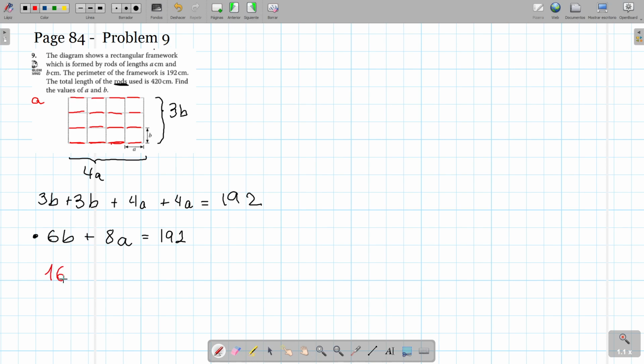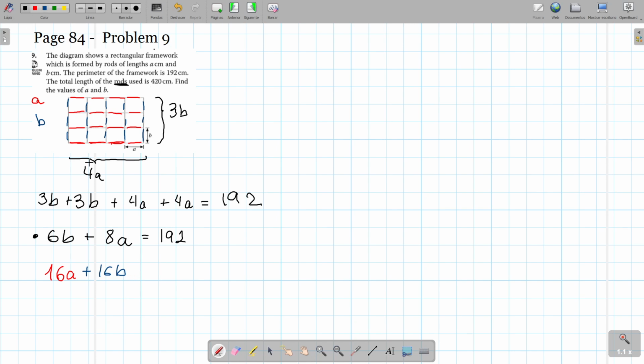We have 16 times the length of A. And we have 16 of the rods that have a length of B.